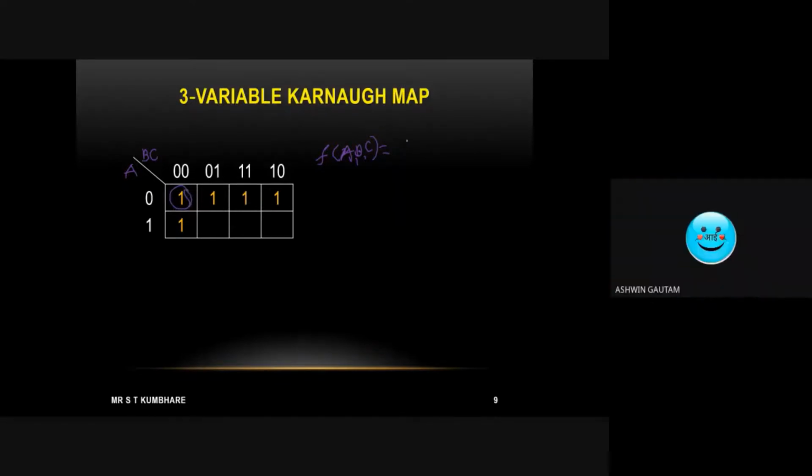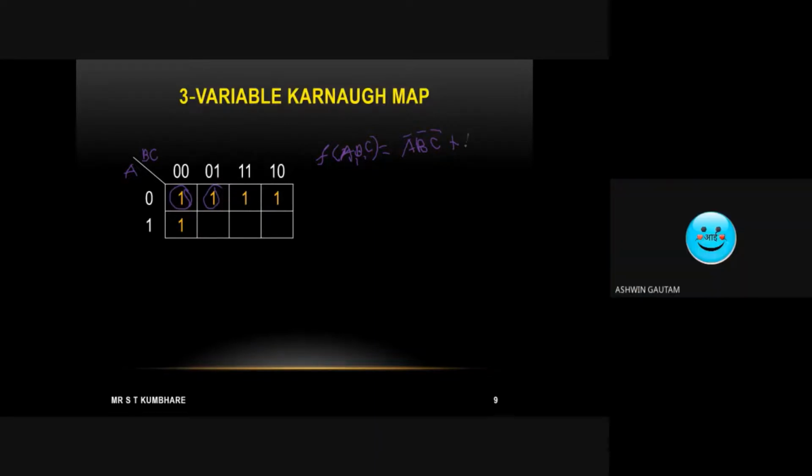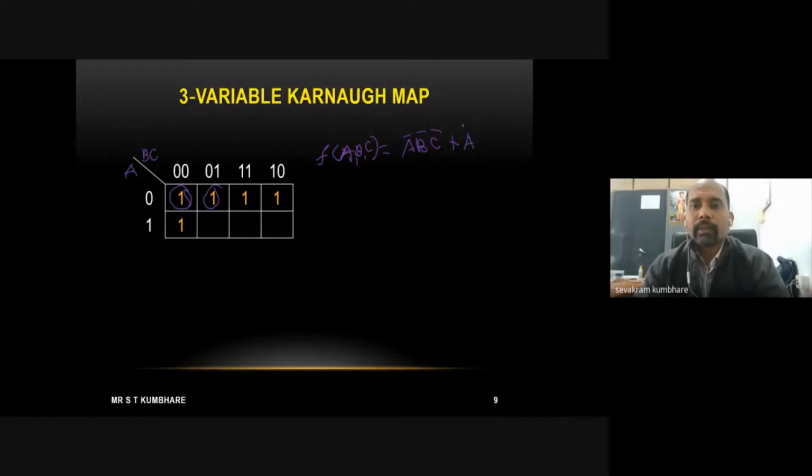What is the expression for this minterm? A bar, B bar, C bar, right? Plus, what is the expression for this minterm? A bar, B bar, C. Now, what is the expression for this minterm?